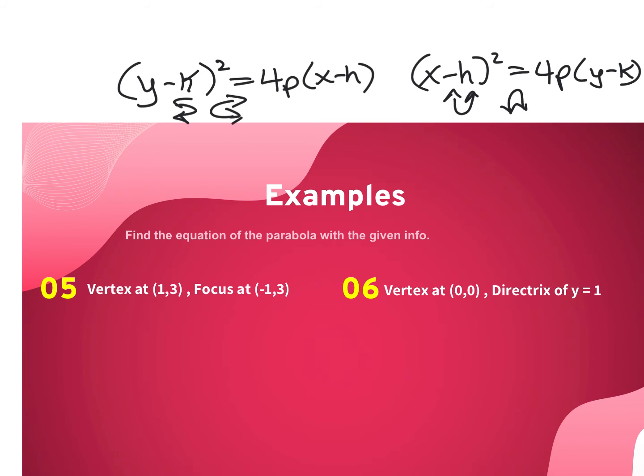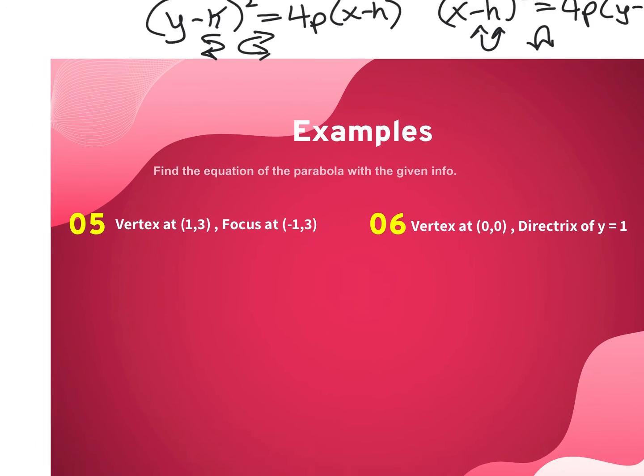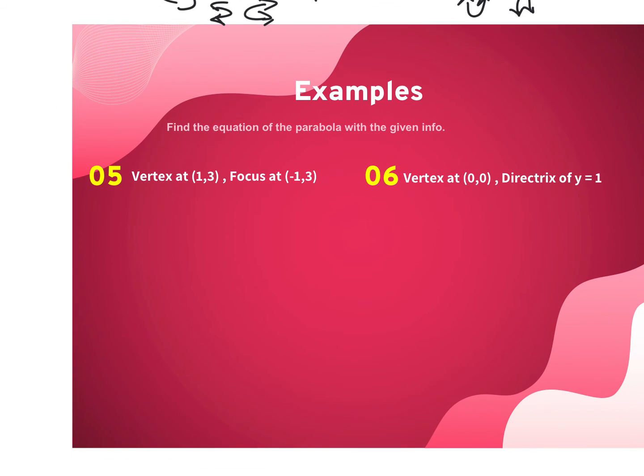And this is the parabola that we're all used to, the up and down u. So again, let's give ourselves a visual so we know which one of these forms to use. So I'm going to graph my vertex first. It's at the ordered pair 1, 3. And then I'm going to graph my focus, which is at -1, 3.